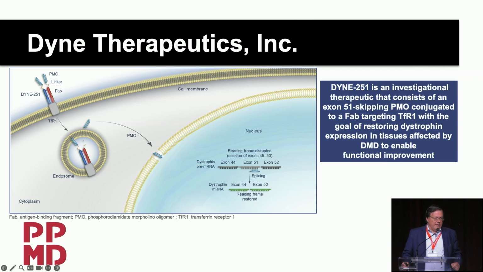Once in the cell, the conjugation link is broken. They make their way to the nucleus, where they have their impact on exon skipping. So this is a clever approach. The major difference between Dyne and Avidity is that Avidity does it with a full IgG molecule, whereas Dyne does it with this FAB fragment.